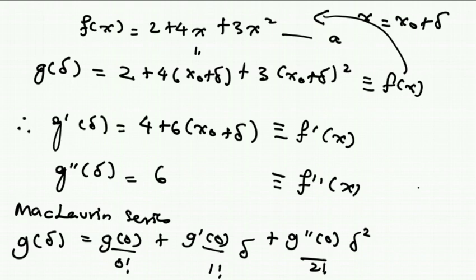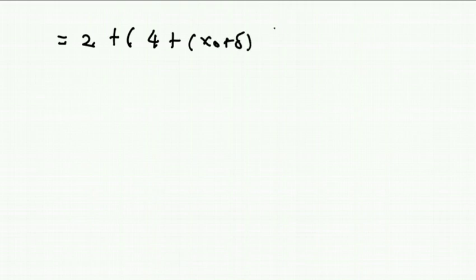And then it continues with something like this: 2 plus 4 plus 6, sorry, it shouldn't be, x naught plus delta, over 1 factorial delta, plus 0.